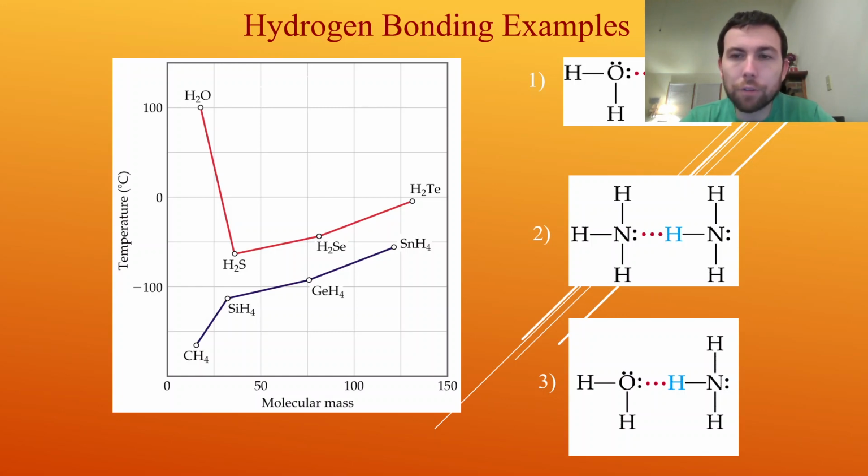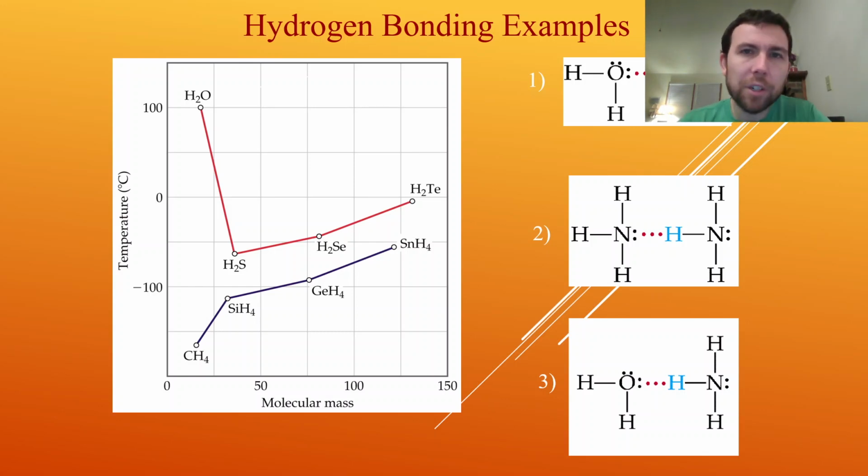We see the hydrogen from one ammonia forming an interaction with the lone pairs of a nitrogen of another ammonia molecule. And I like example number 3 because it reminds us that hydrogen bonding doesn't necessarily have to be between two of the same molecules. Here we have the hydrogen on an ammonia molecule interacting with the lone pairs of the oxygen on a water molecule.